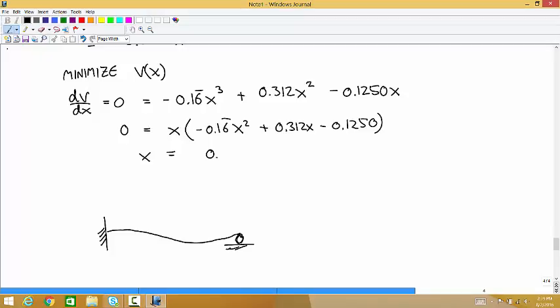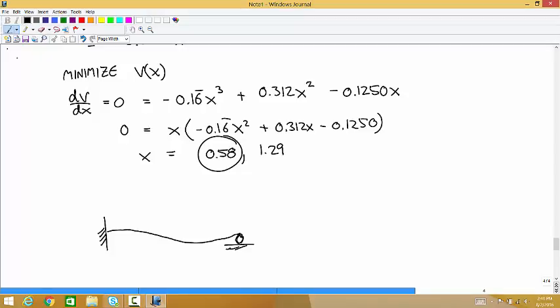Okay, so 0.58. The 1.29 we don't care about, because that's past the end of the beam.